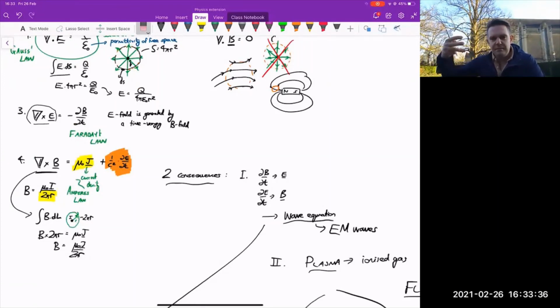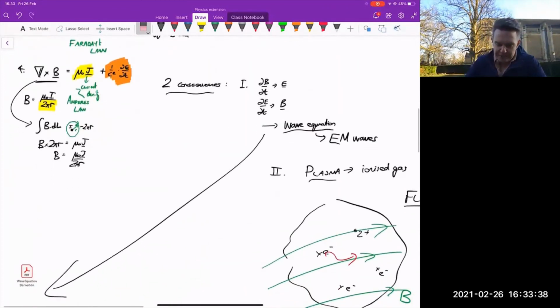And then you've got creating magnetic fields with currents and changing electric fields, and all of that put together gives us electromagnetic waves, which have changed our lives immeasurably. Phone being an example. Right, that's it.